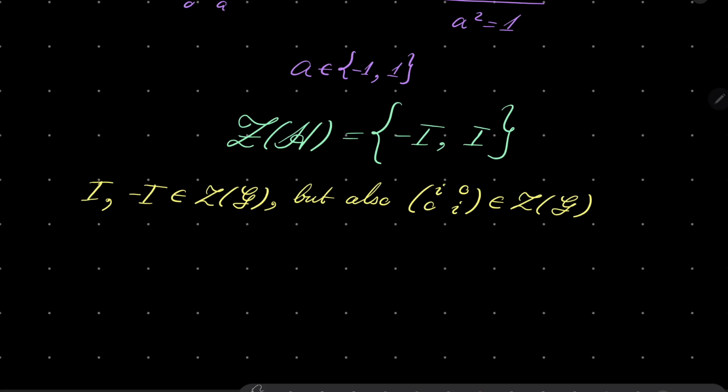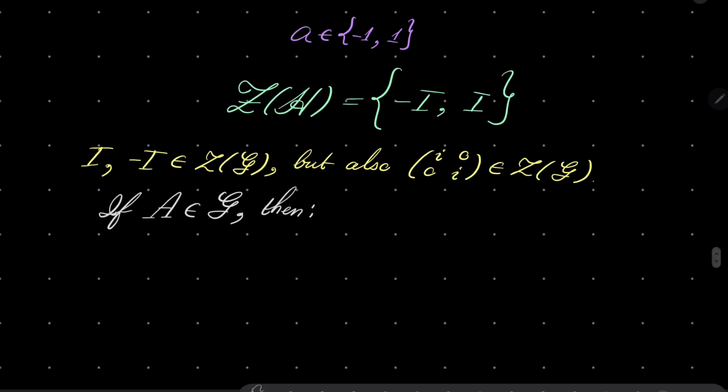Does it commute with every other matrix? Yes, it does. If A is any other matrix in G, then notice the following, that A times I, 0, 0 is the same as A, I, the identity matrix, and since this is just a number, it can be put in front.